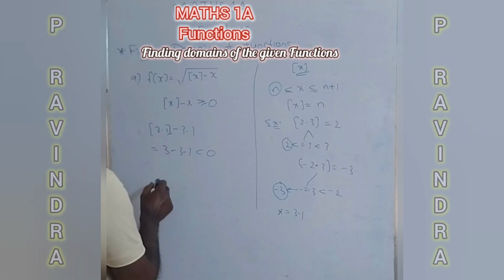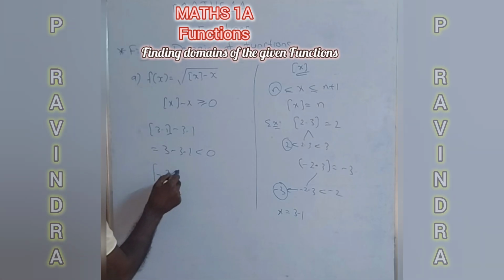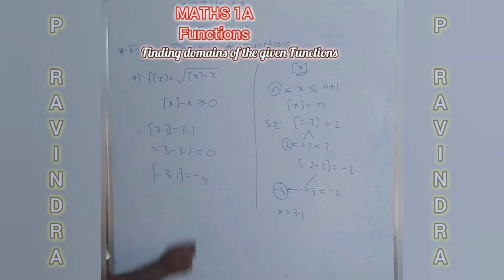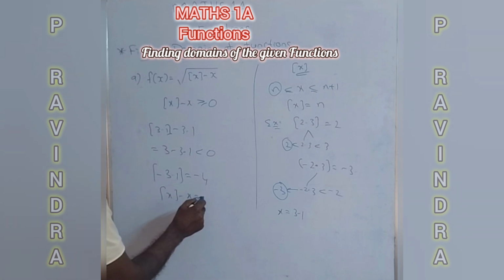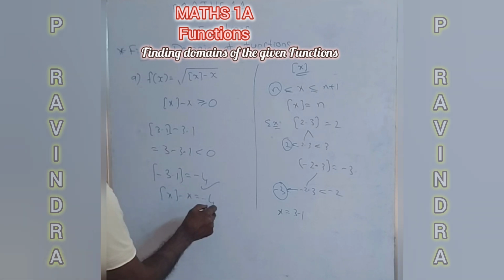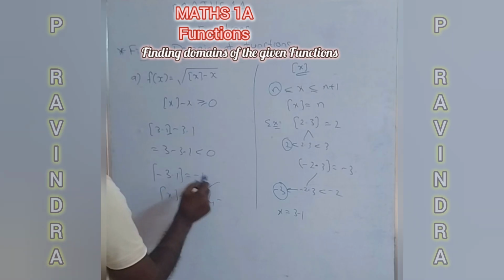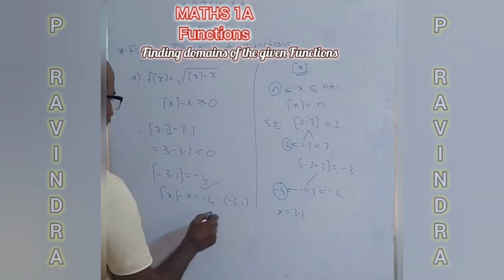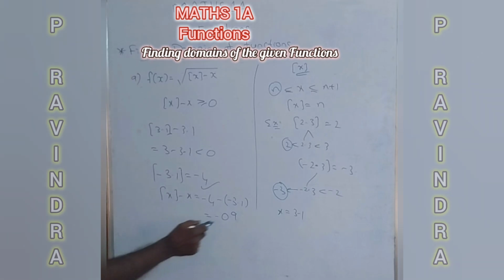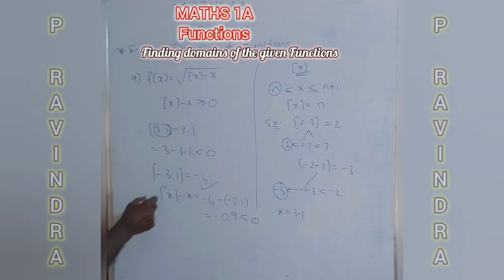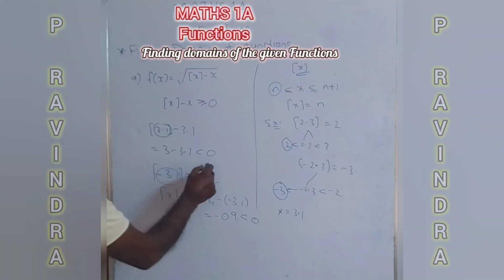Next, if you take step of minus 3.1, then this will be minus 4. Then step x minus x is minus 4 minus of minus 3.1, which is minus 0.9. Again you are getting a negative answer.